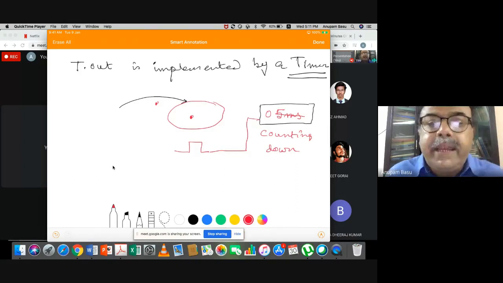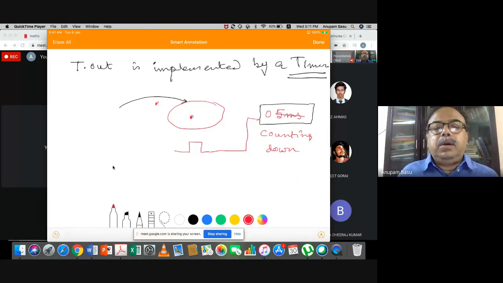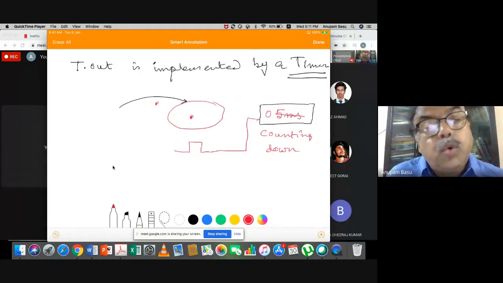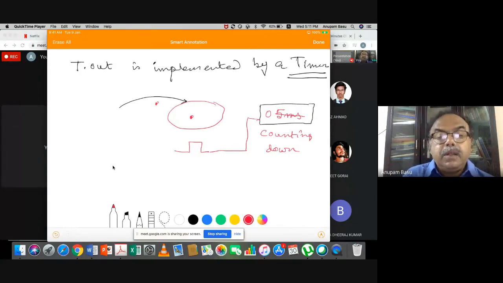And we have to decide which program should go next. So who will decide that? This is a very critical point. Let's think together. The red program was executing. Timer started. Timer is over, 5 milliseconds over, an interrupt has come.